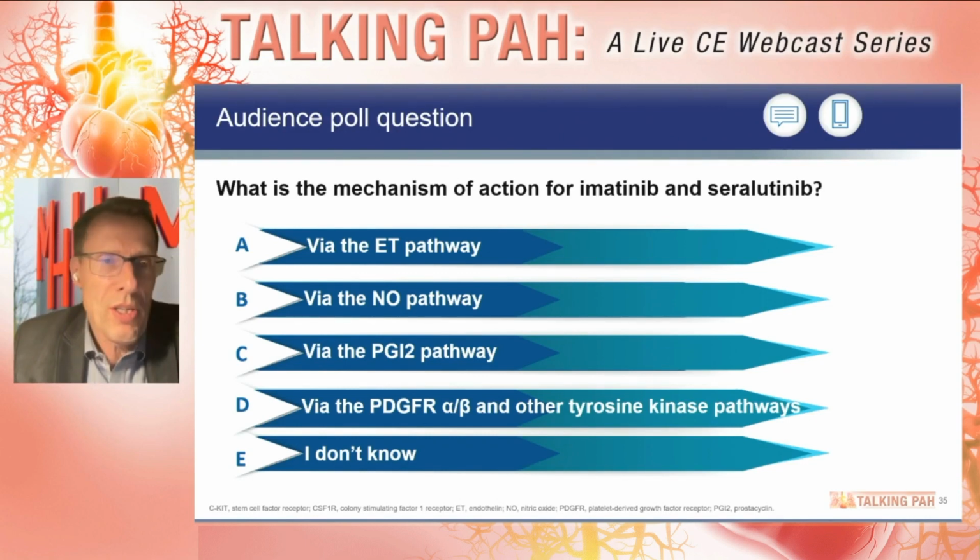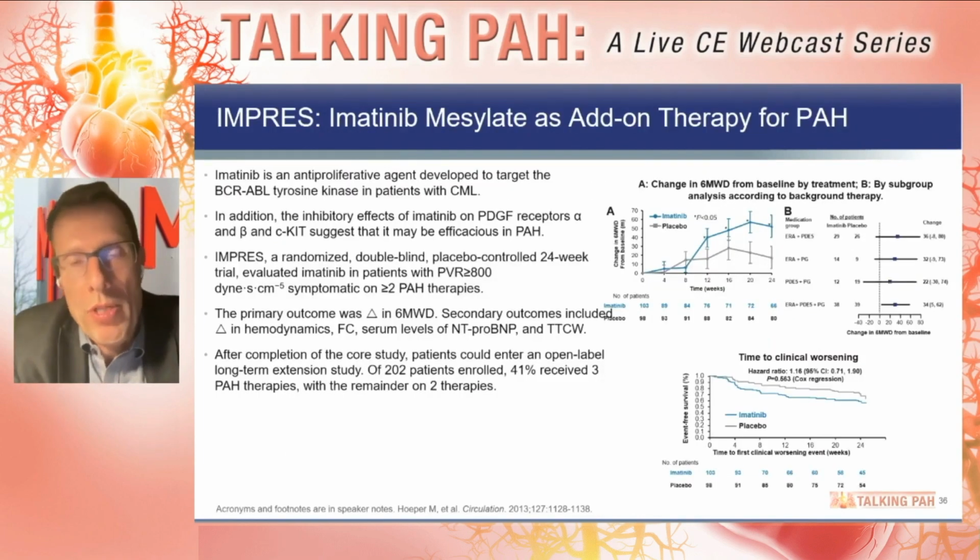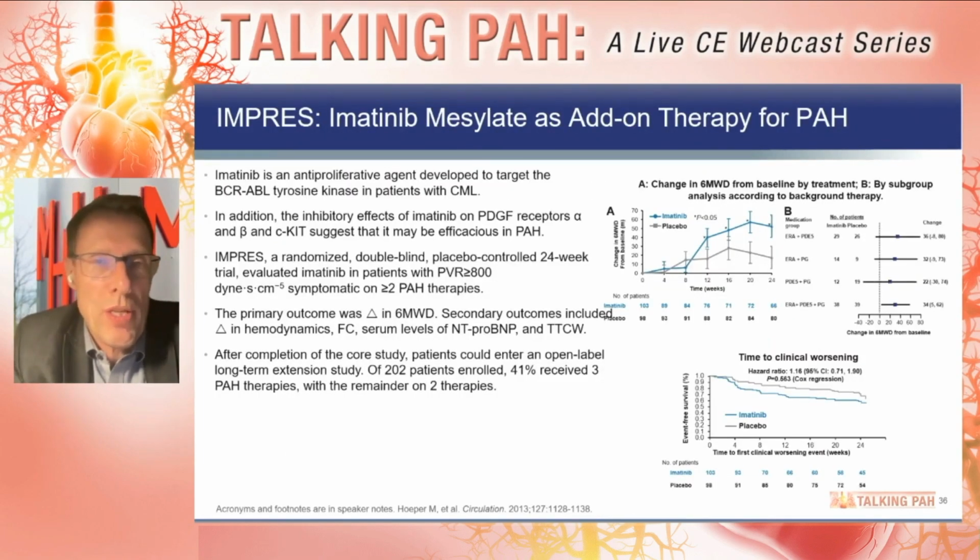This story is not really new. In fact, it's about 10 years ago that this paper was published, and this is a phase 3 study, so already an advanced study with oral imatinib. Imatinib, as you know very well, is a fascinating drug.